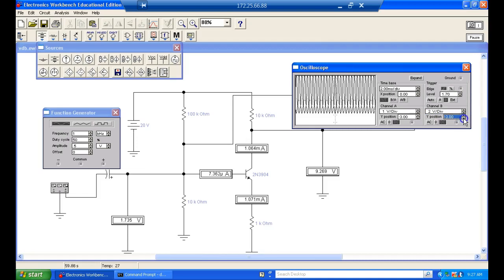So what I have here is my input set on 1 volt per division.